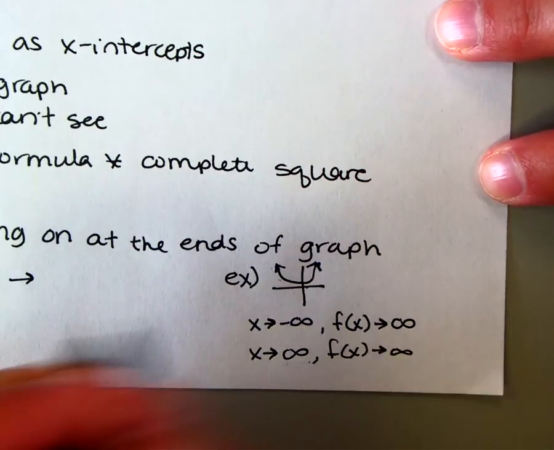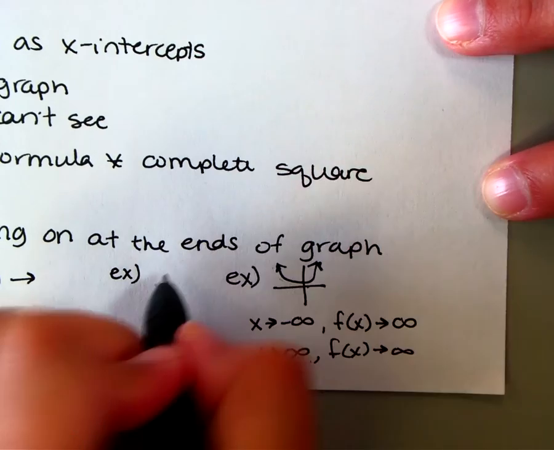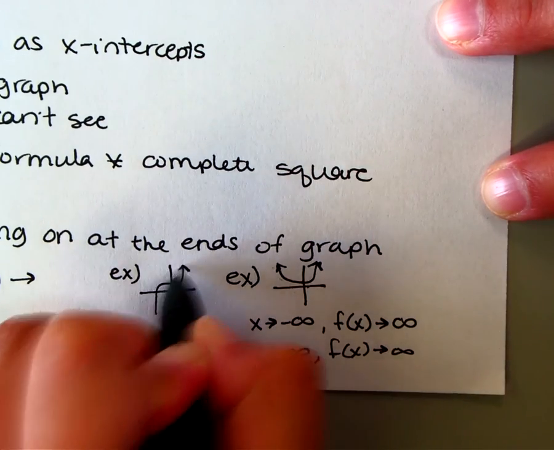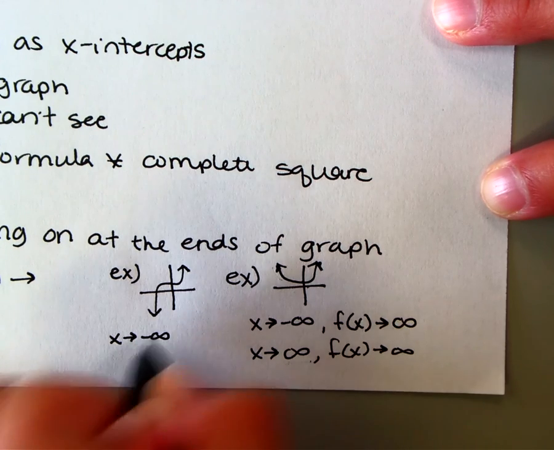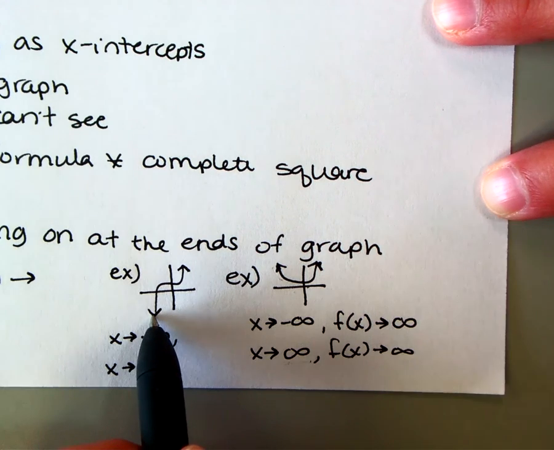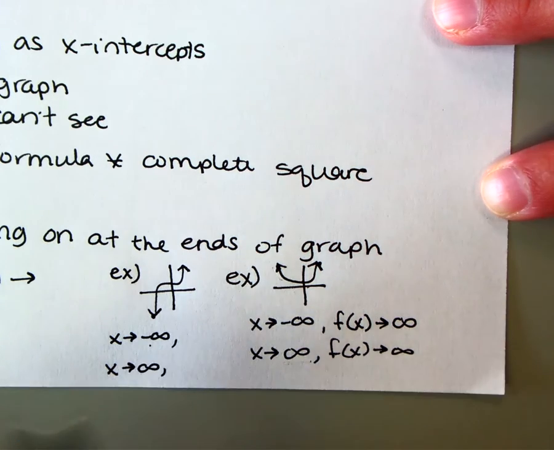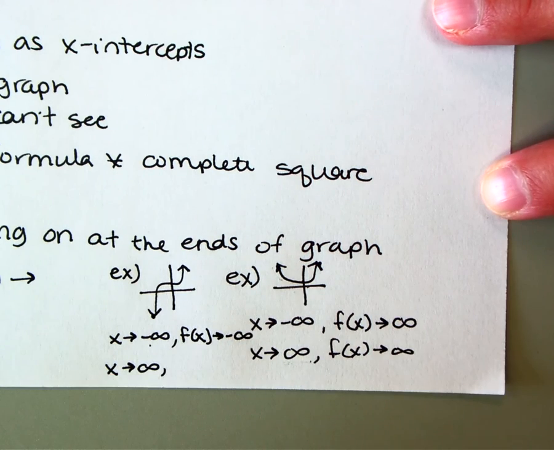So we'll see if we can sketch one more itty-bitty example. We'll look at a cubic function, and we'll just make them both continuous. So we're looking at the left and the right. My left side is pointed down, so my end behavior is approaching negative infinity.